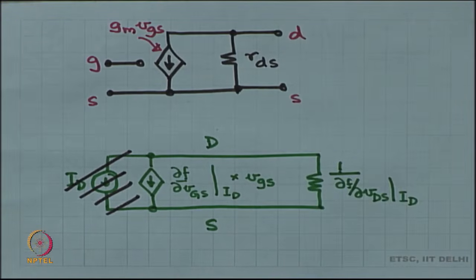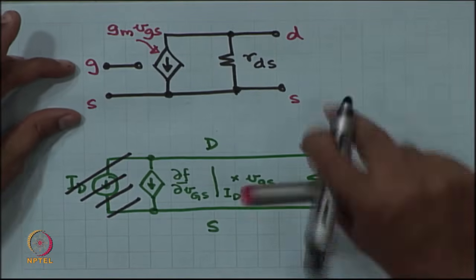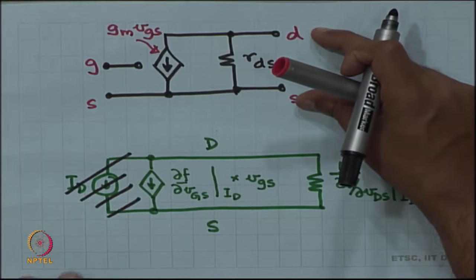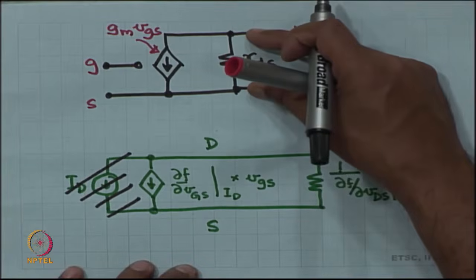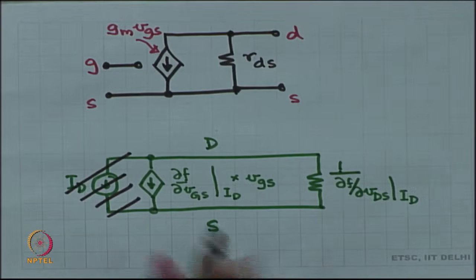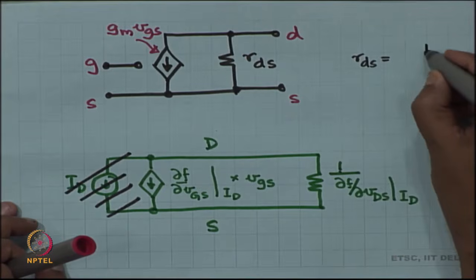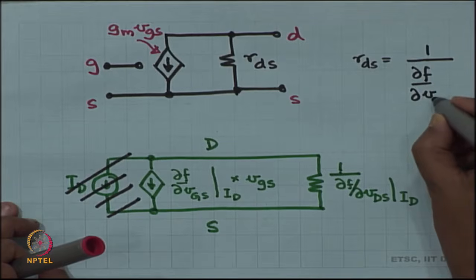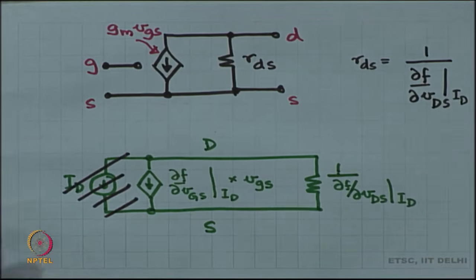It looks like a two port network. One port is between gate and source, the other port is between drain and source. These are the two ports. Between drain and source, I have got RDS, and the value of RDS is 1 by dou f by dou VDS computed at the operating point.